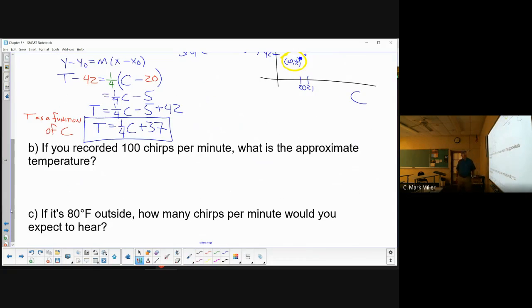If you recorded 100 chirps per minute, what is the approximate temperature?